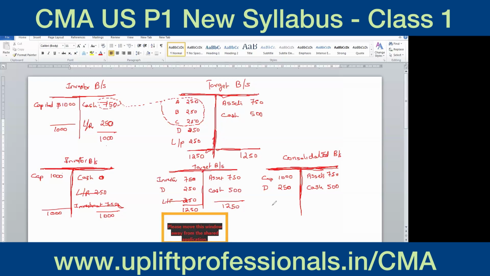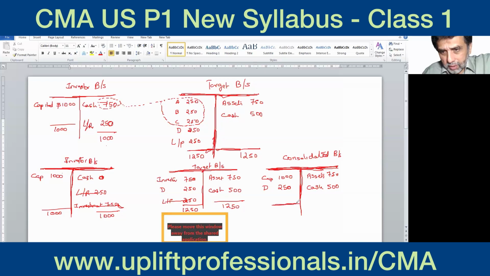Okay. So here the balance sheet agrees. 1,250, 1,250.